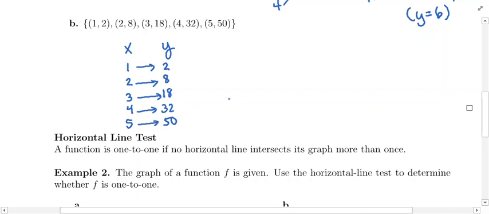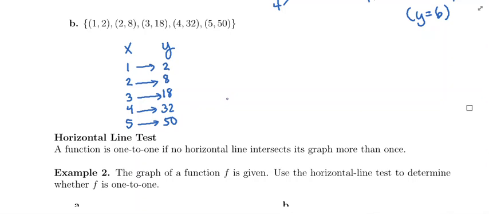We can clearly see that this is definitely a function. Every input has a single output, and from this visual, you can see that there's no sharing between the x and y values. Every x value maps to exactly one, unique y value. Like 1 maps to 2 and to nothing else.